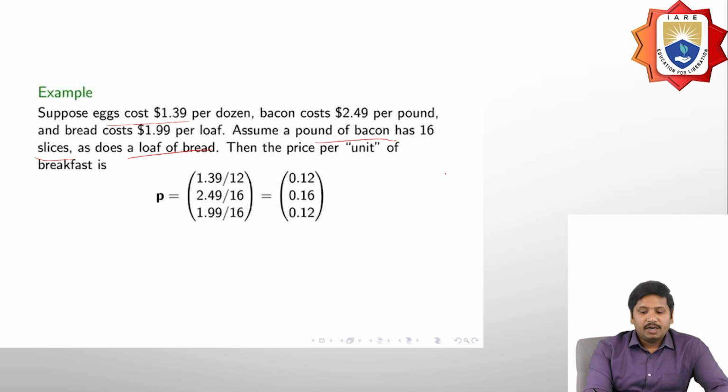What should then be the price in the form of unit cost? Since the eggs cost $1.39, it should be divided by 12. So this is one value, and 2.49 per pound, and the bread cost also this.